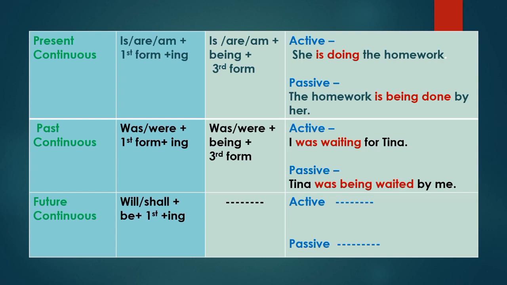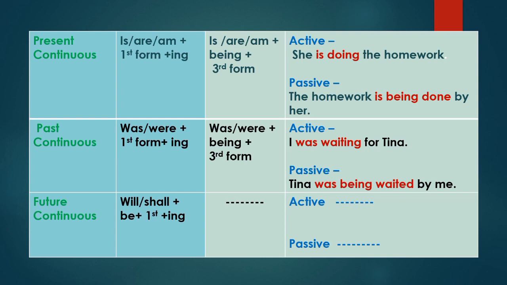Is doing is clearly indicating that it is present continuous tense. We have to convert it into passive form. So, is as it is, we have to add being, and doing has to be converted into the third form. So, the sentence will be the homework is being done by her.